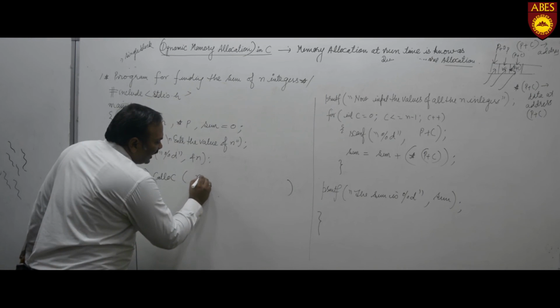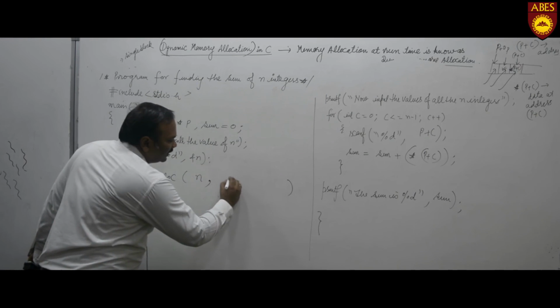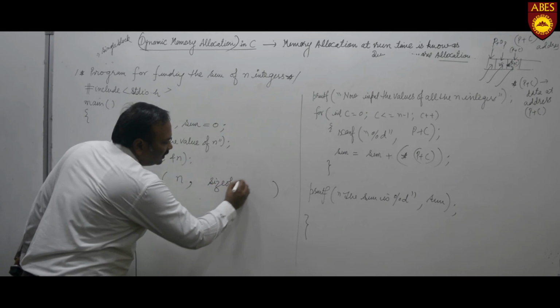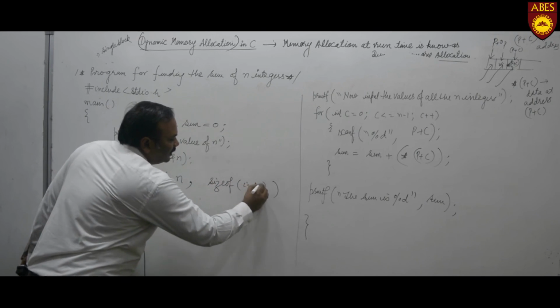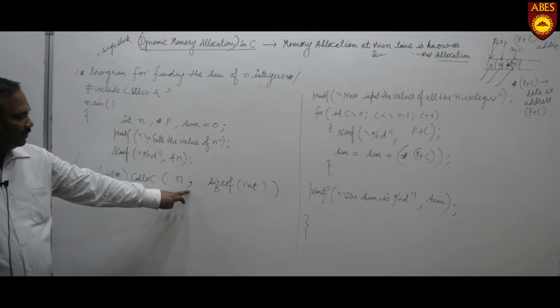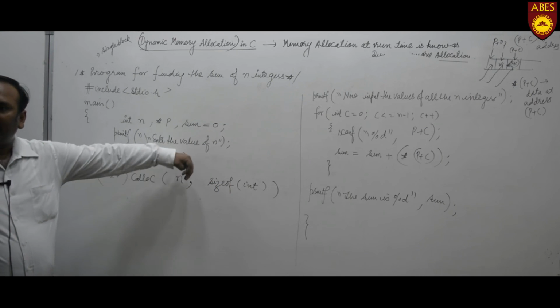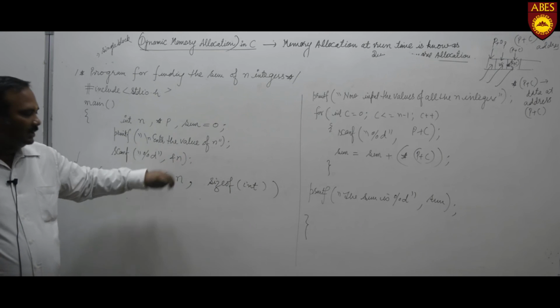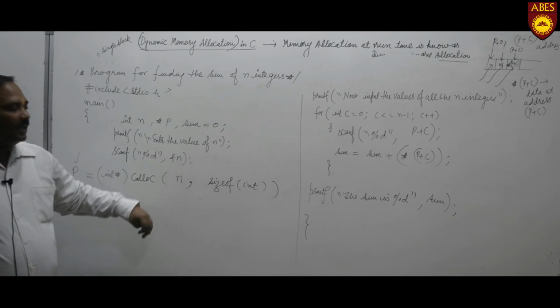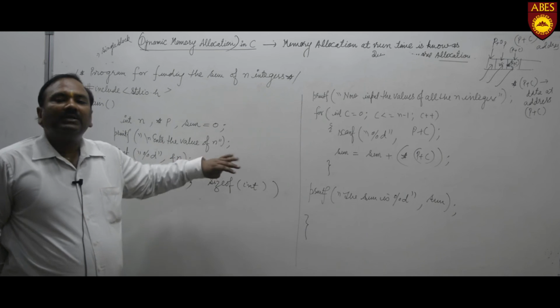It means there are n blocks, and the size of each block is sizeof int. The only difference is that in malloc we used a star here, and at this time calloc is taking two arguments. The first argument is the number of blocks and the second argument is the size of each block.